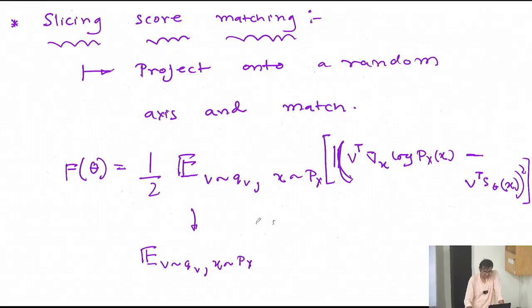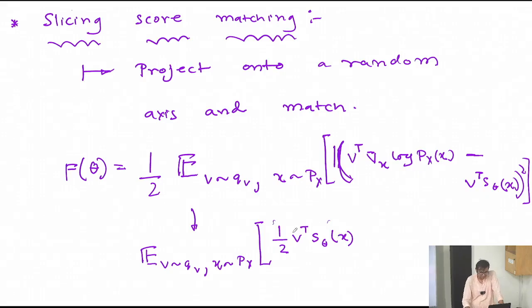Now inside, what are the terms you get? Half. What are the terms you get? V transpose S theta. I think square of that or something like that you will get.